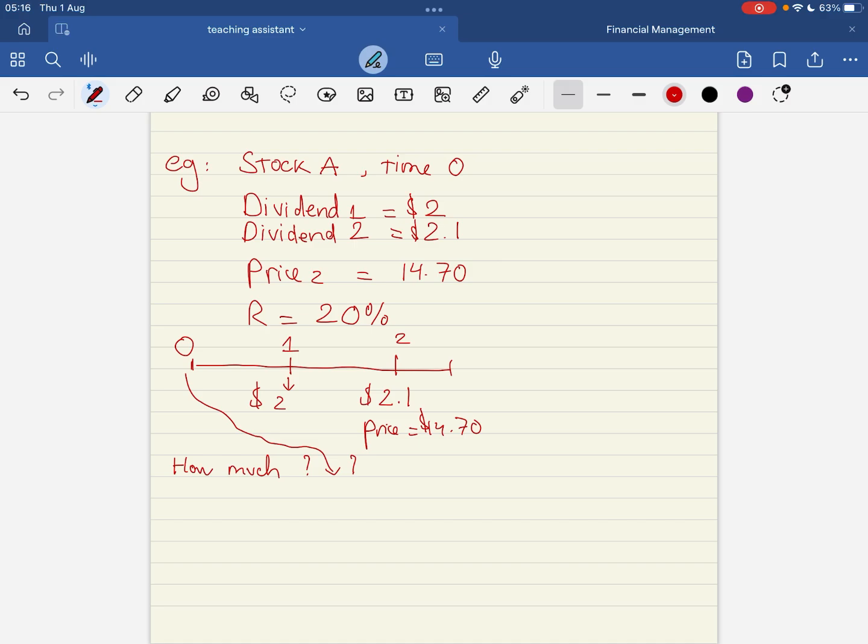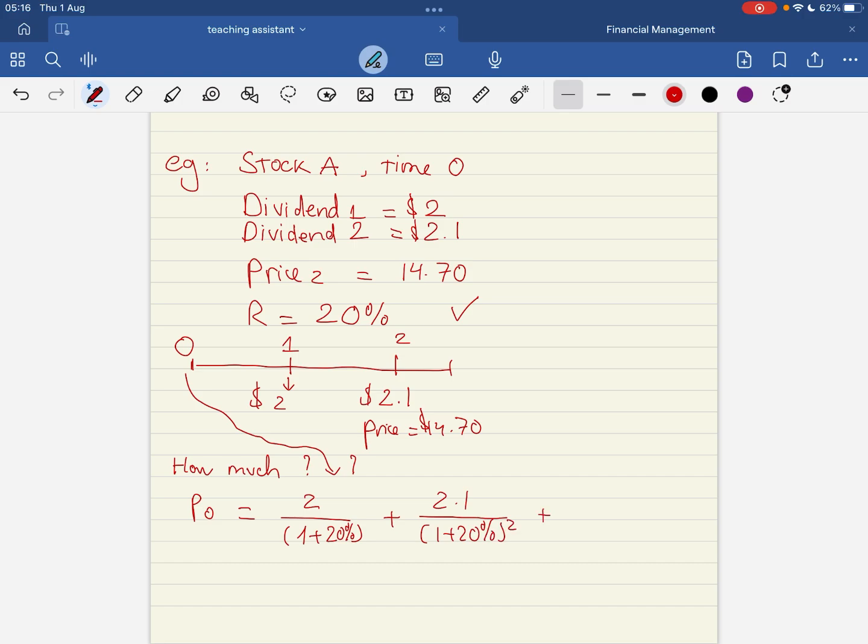Well, we just need to apply the concept of discounted cash flow. So the price at time 0 will be equal to, first of all, the dividend paid in year 1, which is $2. So 2 over 1 plus R, and the required return is 20%. So 1 plus 20%. Plus the dividend in year 2, which is $2.1, divided by 1 plus 20% to the power of 2.